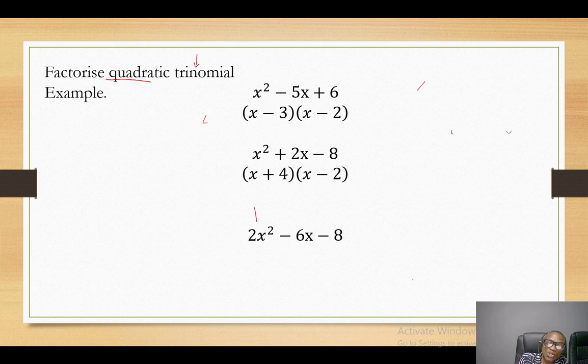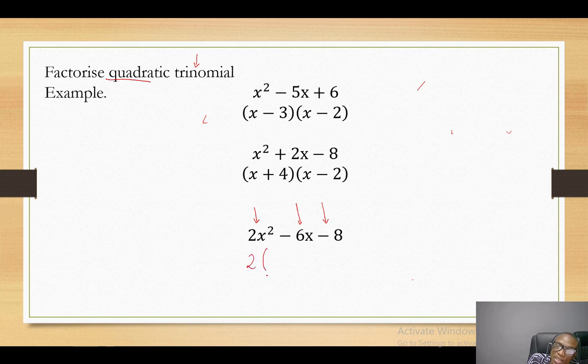So it is 2x squared minus 6x minus 8. These 3 terms, even before you think of factorizing a quadratic trinomial, just spot that they have a common factor, which is 2.